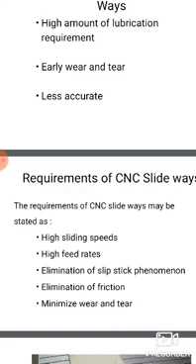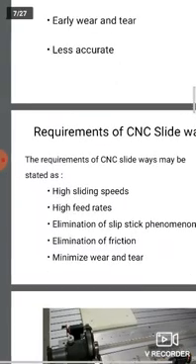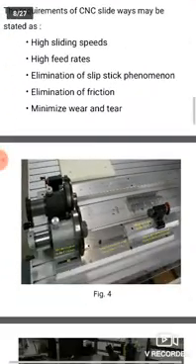These are the requirements when the CNC machine is running. Sliding speed must be high, we should give a high feed rate, and any stick-slip we should eliminate. Eliminate friction, minimize wear and tear. These are the requirements of CNC.